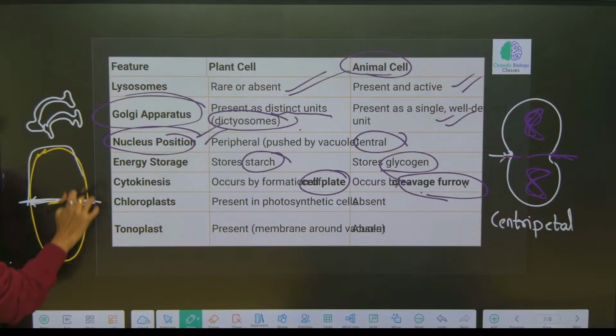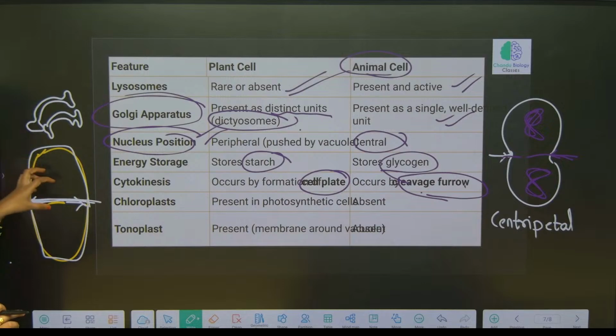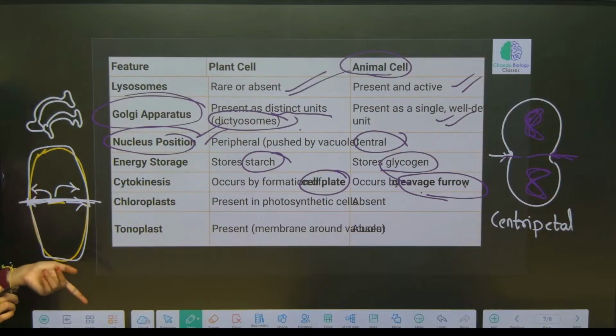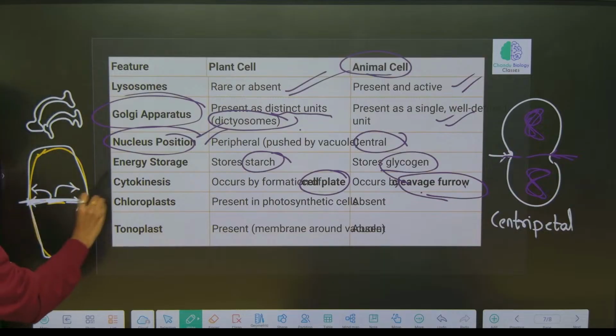Middle lamella is the first formed layer in between the plant cells. Of course, we will look into how the cell wall forms also, but as of now you remember, first the cell plate is formed at the center. This moves from the center towards the periphery, and later it matures to the middle lamella. This mode of cell wall formation or cell division is called centrifugal.